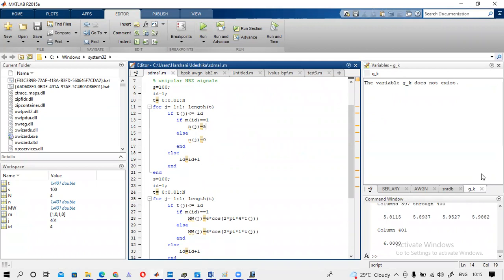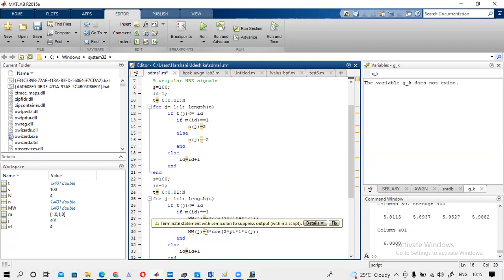If your message signal is equal to 1, you can assign plus, let's say, plus 2. If your message signal is 0, you can assign minus 2. So this will be your signal.